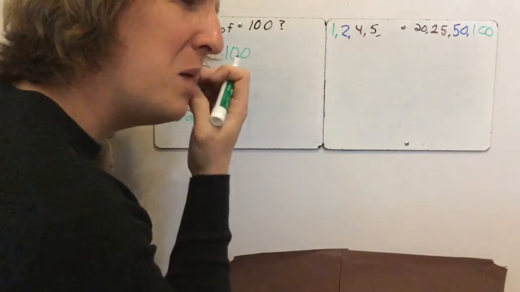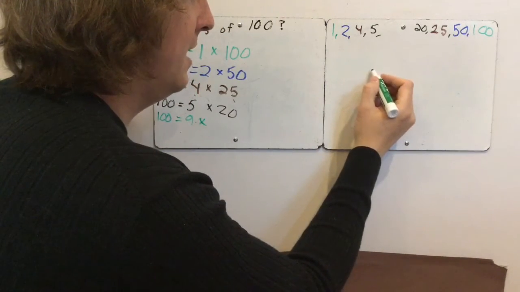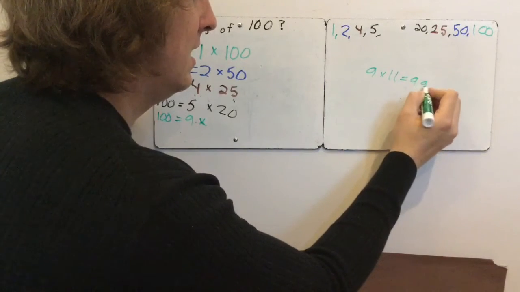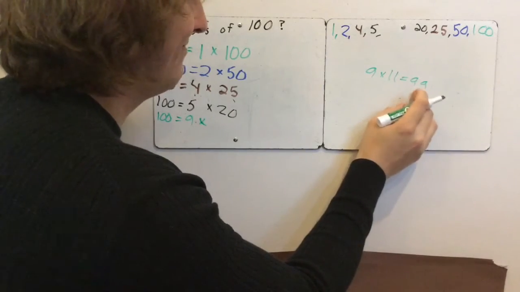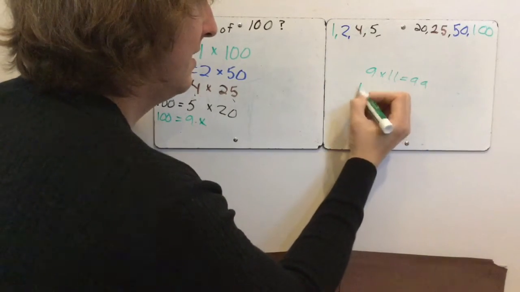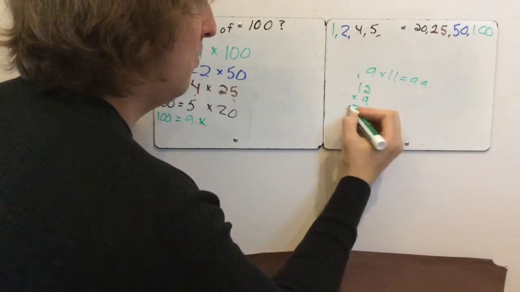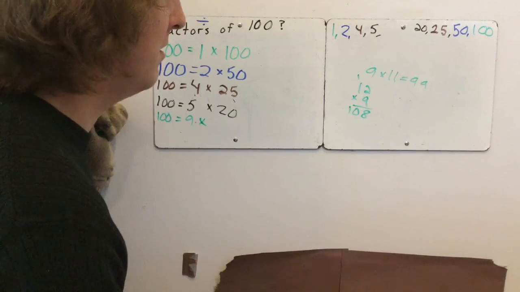Well, if you know your times tables, 9 times 10 is 90. 9 times 11 is 99. So then 9 times 12 is going to be bigger. Yeah. 12 times 9 is in fact 108. So that's not going to work either.